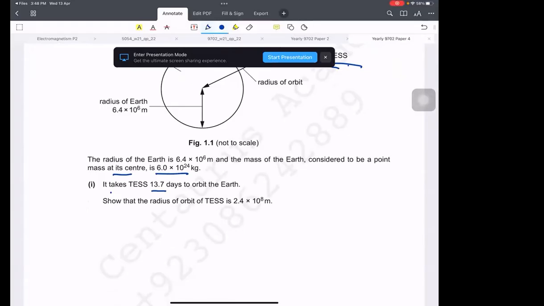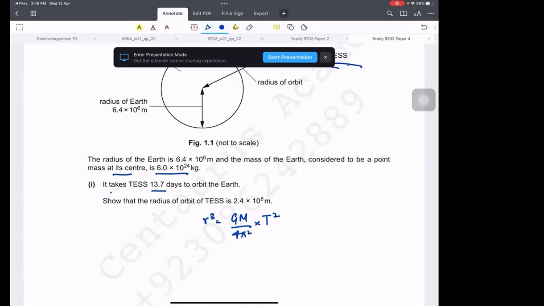If I were you, I would use the equation 4 pi square r cube, or if you remember, r cube equals GM upon 4 pi square times T square. This is Kepler's law. You could do that.